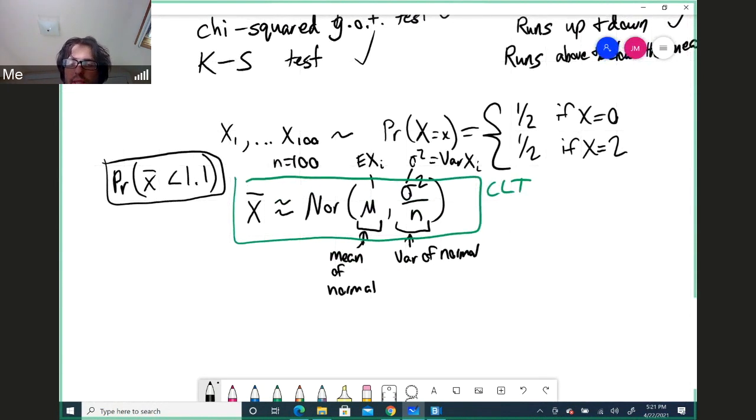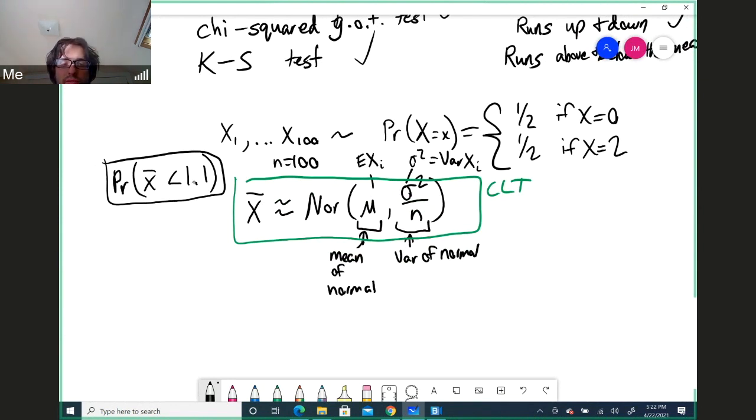So basically, we know that according to the central limit theorem, we can approximate the distribution of x bar, which is the sample mean, by this normal distribution. And then we know how to find the probability that some normal random variable is greater or less than some number.